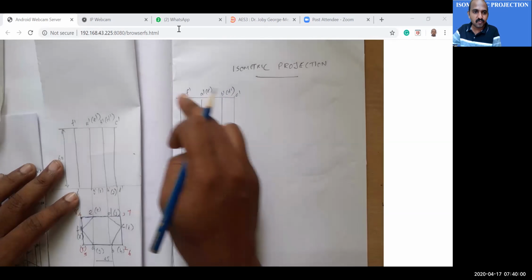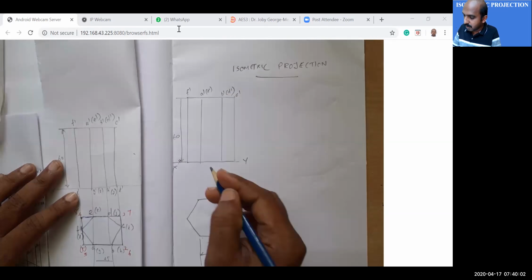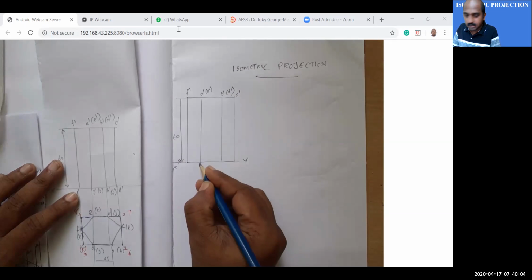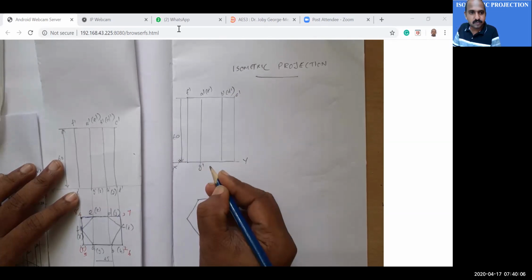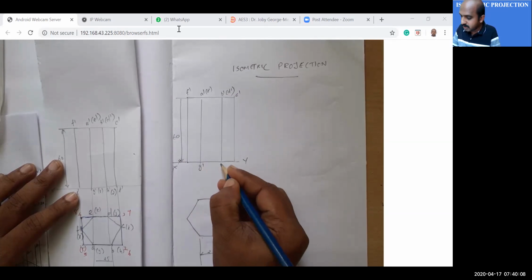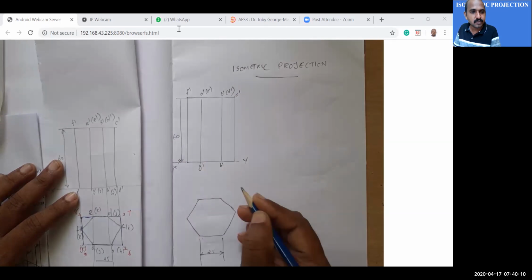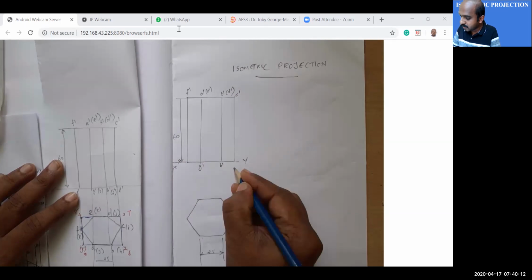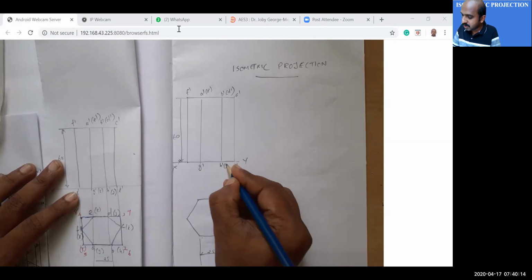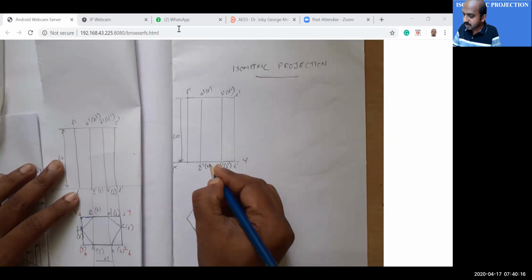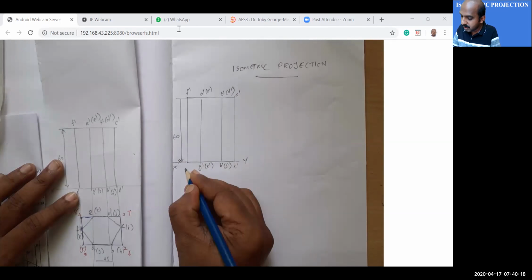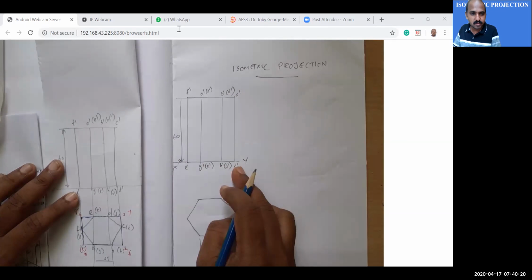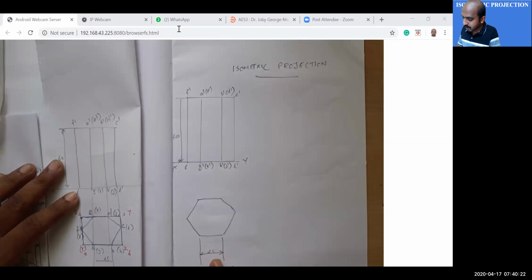This is the top face. Now at the bottom we have G dash, H dash, I dash, J dash, K dash, and L dash. This is the bottom. So mark those points in the top view also.